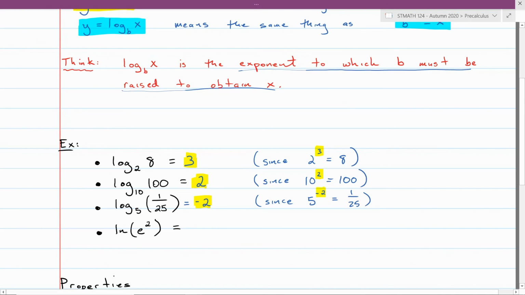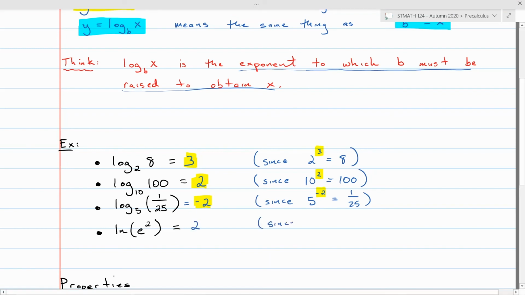And then natural log of e squared: when you see ln, natural log, the base is e. So it's saying, to what power do you raise e to get e squared? Well, the power to which you raise e to get e squared is 2. So this is true since e to the 2 equals e to the 2.